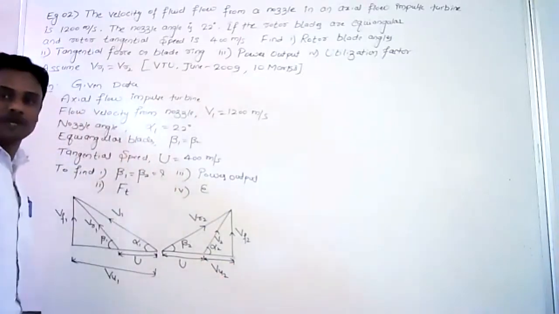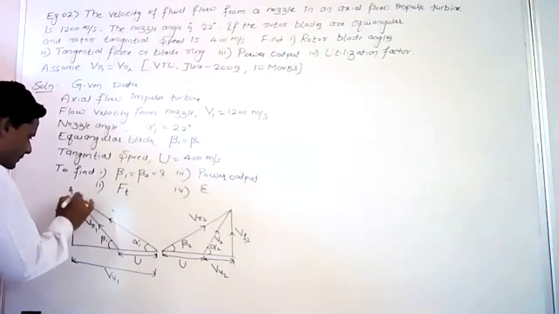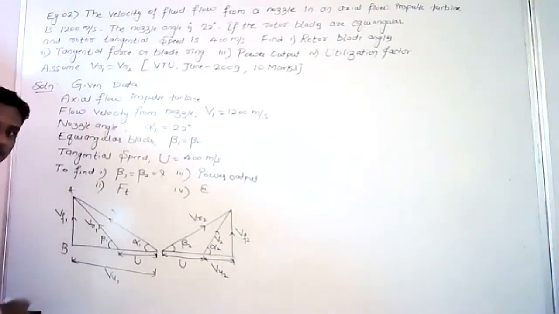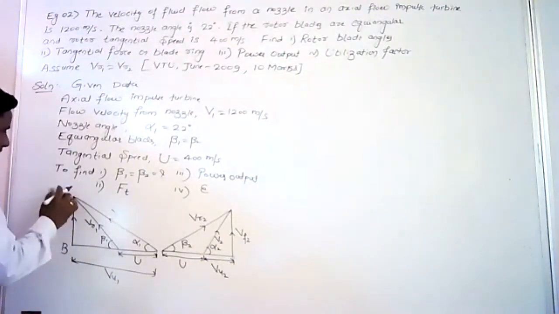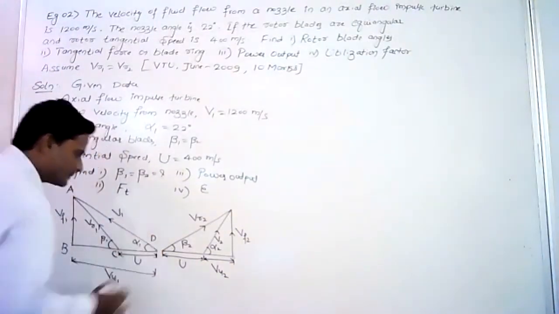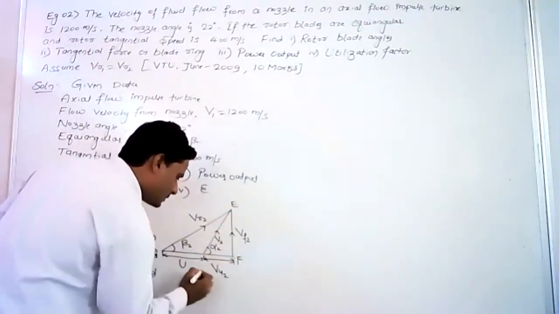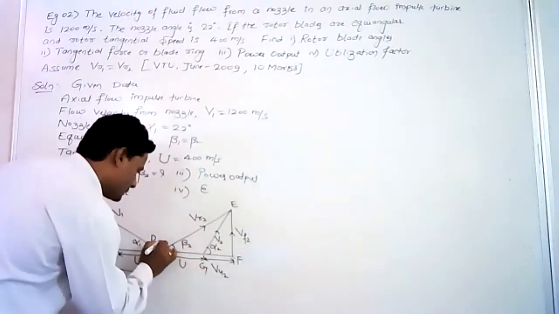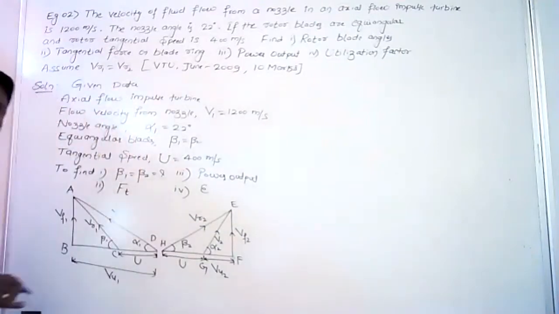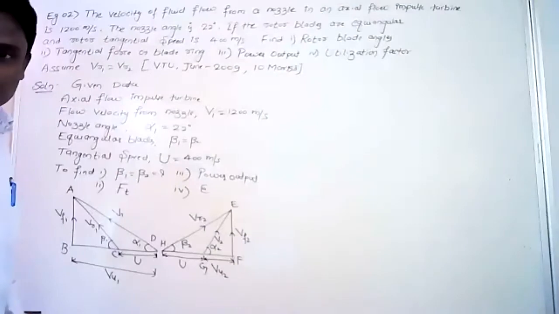Let us name all the vertices A, B, C, D, E, F, G, and H. So these are the corresponding inlet and outlet velocity triangles.